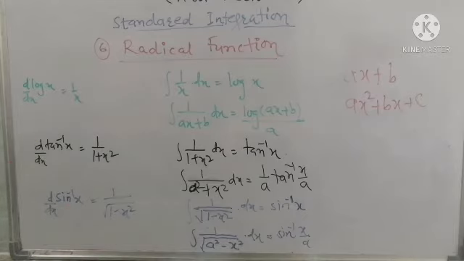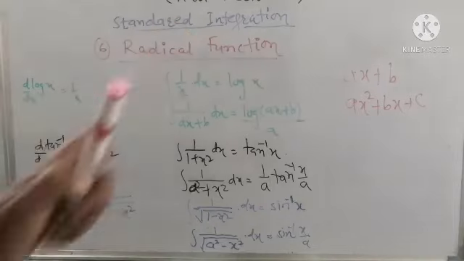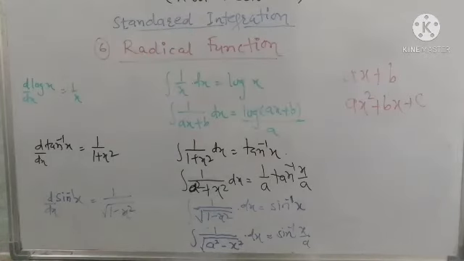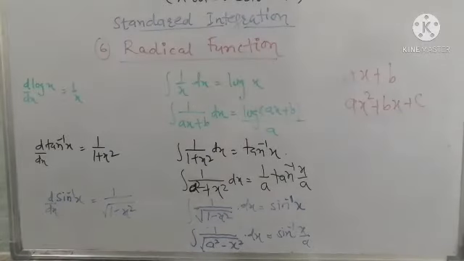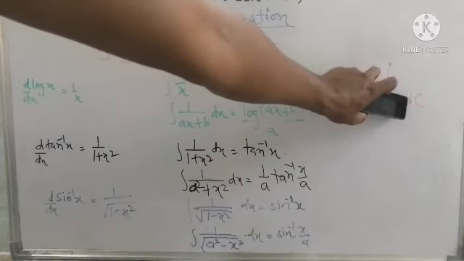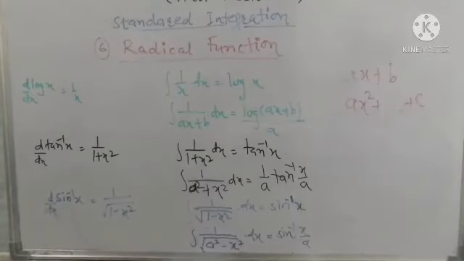Now the next form of radical function is when the denominator contains a quadratic polynomial. As we know, in a quadratic polynomial there are 3 terms in general form: the term of x square, the term of x, and the constant term. Now if the term of x is eliminated, then this is also a quadratic polynomial.